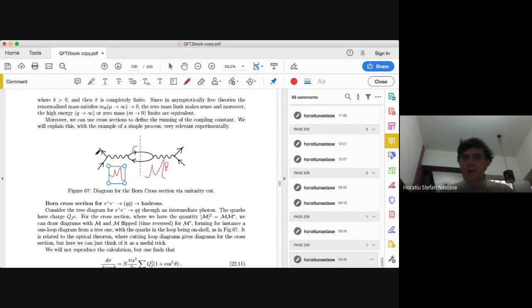Now, initially, in this cut diagram, to the left we have vacuum in terms of hadrons. There are no hadrons.